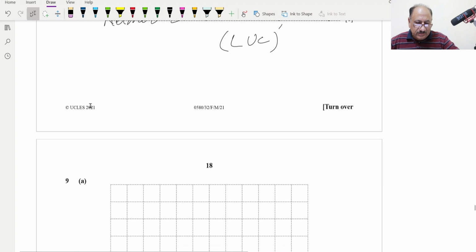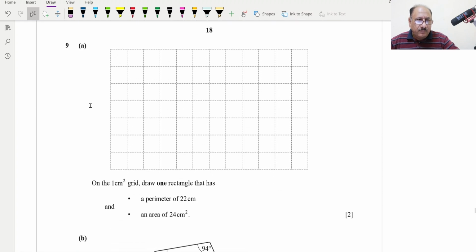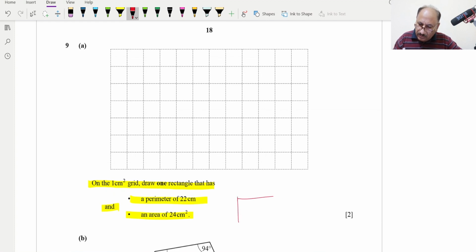Now the next question, question number 9a part, they are saying on a 1 centimeter grid, draw one rectangle that has a perimeter of 22 and an area of 24 centimeter squared. So we have to check for that one. So we can draw a rectangle, like a rough drawing.